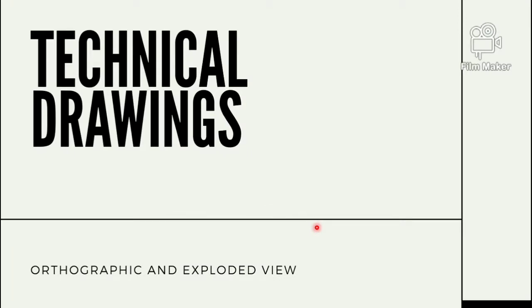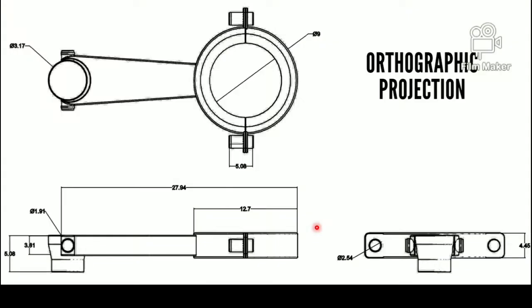So these are my technical drawings, orthographic and exploded view. This is the orthographic projection. The diameter of the brace is 9 centimeters and the total length of the prop is 27.94 centimeters.